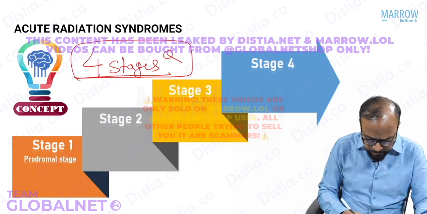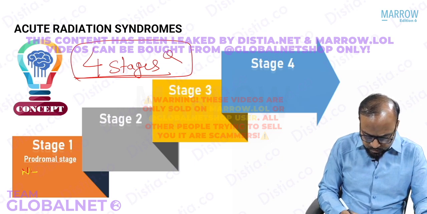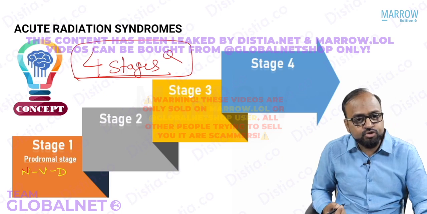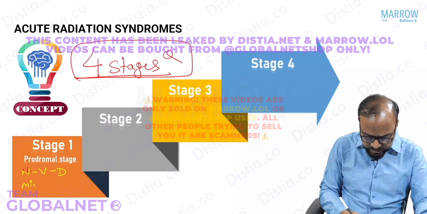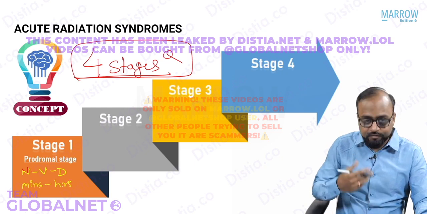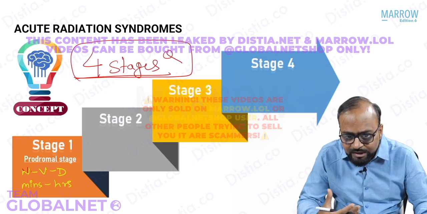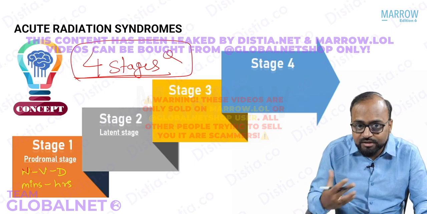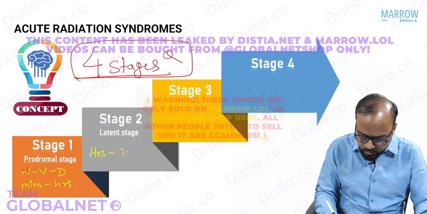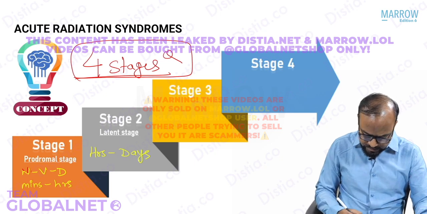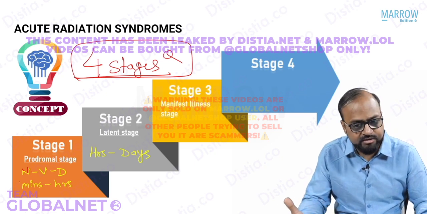This is also called the nausea, vomiting, diarrhea stage. This extends from a few minutes to hours. So this is the first stage, prodromal stage, few minutes to few hours, right? Then comes the latent stage. Latent stage usually lasts from about a few hours to a few days. Then after the latent stage comes the actual manifest illness stage.